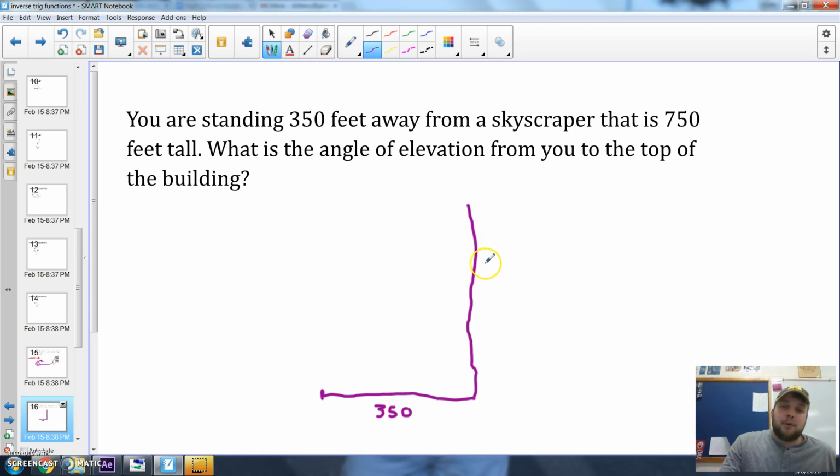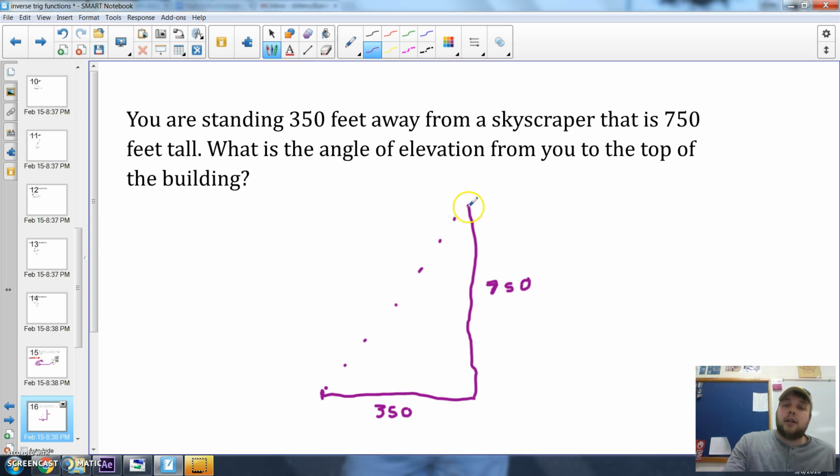The skyscraper is 750 feet tall. What is the angle of elevation from you to the top of the building? Now I am going to assume they want me to start at 0 here.